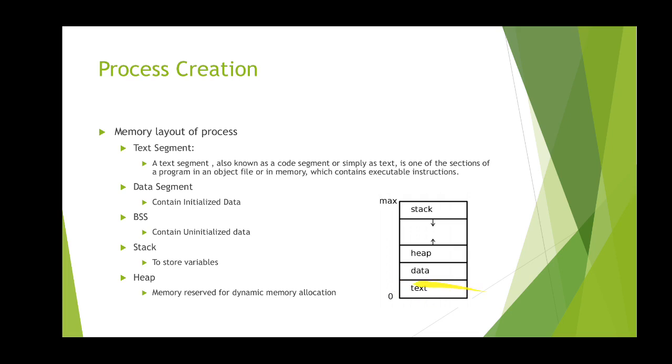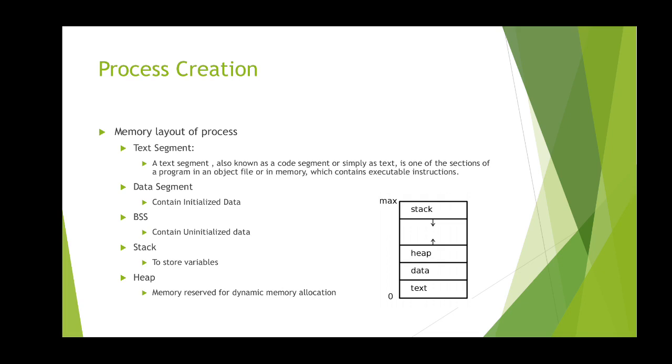After the text segment, the next segment is the data segment, and the data segment contains all the initialized data inside the program. Next comes BSS, and BSS contains all the uninitialized data. After BSS, next is the heap segment, and this heap segment is used to store dynamically allocated memory values.